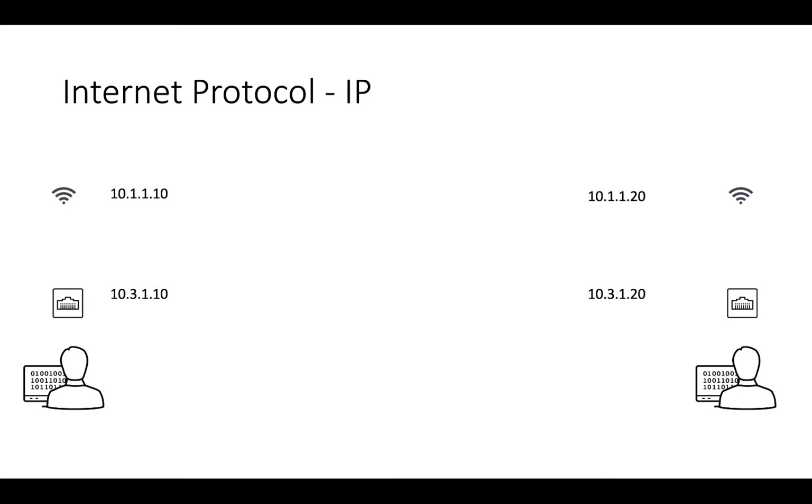In this instance, 10.1.1 is the network ID for the wireless network, and .10 is the host ID for the IP address for the node on the left, and .20 is the unique host ID for the node on the right. And for the Ethernet, 10.3.1 is the network ID, 10 is the unique host ID for the node on the left, and 20 is the unique host ID for the node on the right.